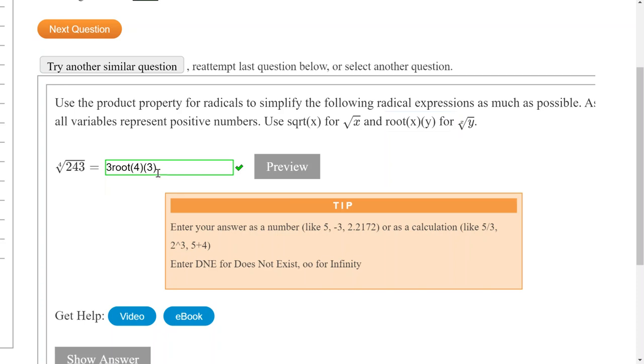So here, notice we have our 3, and then how did they put in the 4th root of 3? Like that. And that's how they're telling you this. The root is the number that you write first, and then the stuff underneath the radical is the number you write second. That's perfectly fine if you want to type that shorthand in, but I think using this little dialog box, that little yellow arrow, is a little bit easier.